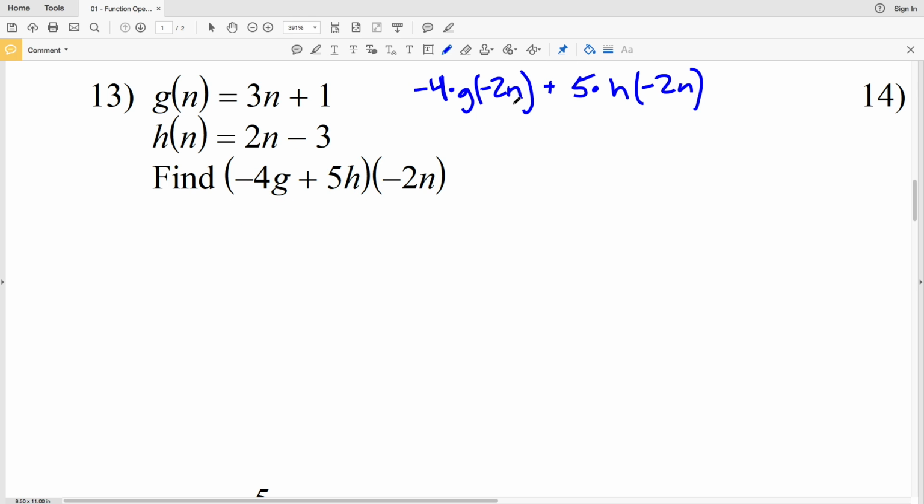Here, I'm just plugging in negative 2n for n at the start. So we'll have negative 4 times g of negative 2n, which will be 3 times negative 2n plus 1. And then I'll add that to 5 times h of negative 2n, which h of negative 2n is 2 times negative 2n minus 3.